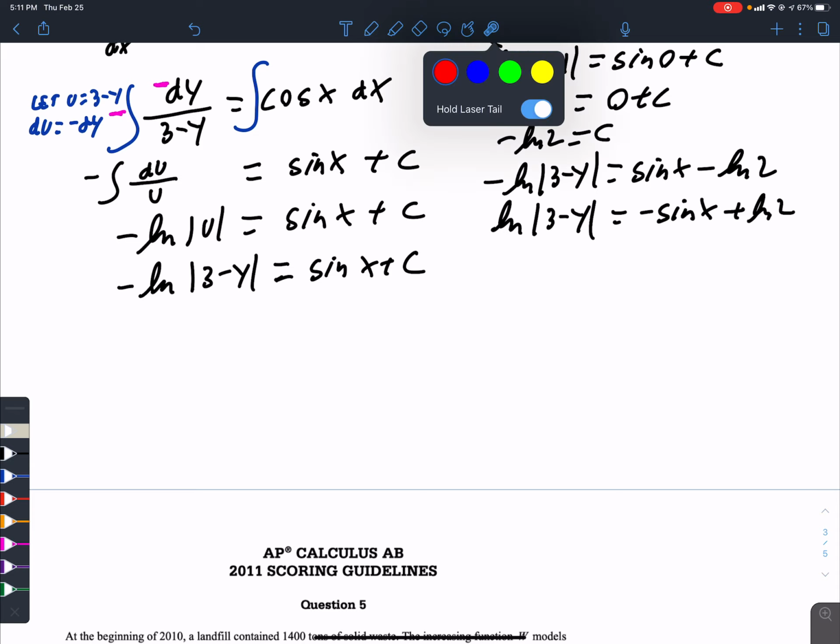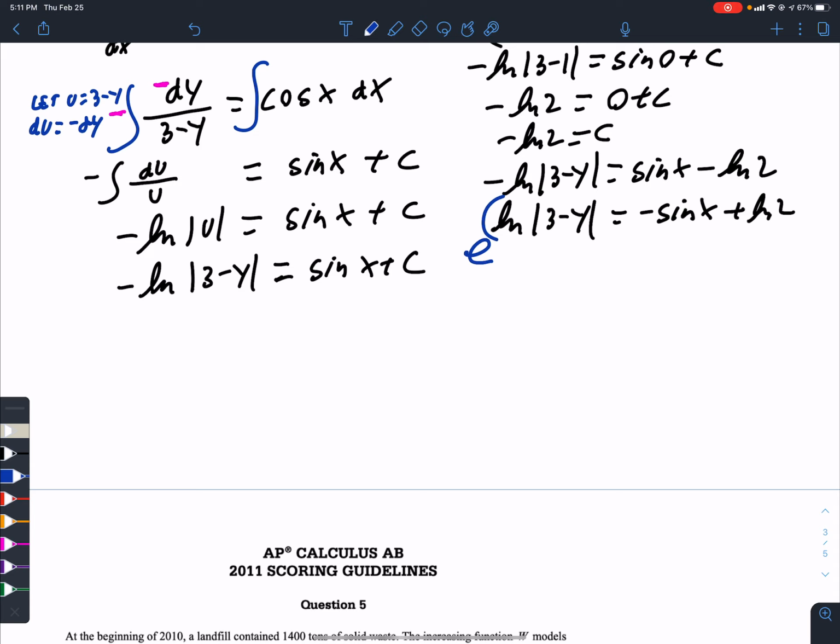Now, I want to get rid of ln, so I have to e both sides, okay? So e to that power and e to that power. Well, the e and ln are inverse functions. They're going to cancel out, leaving 3 minus y. And I'm going to get e to the minus sine x.